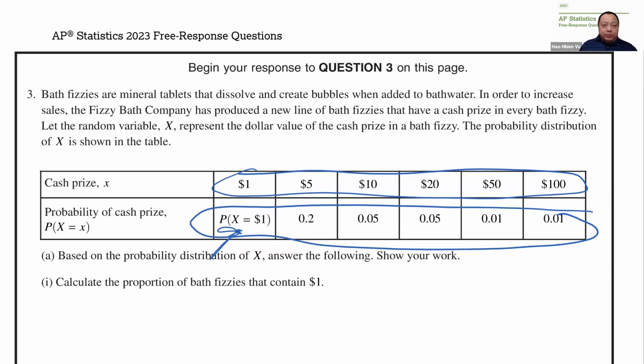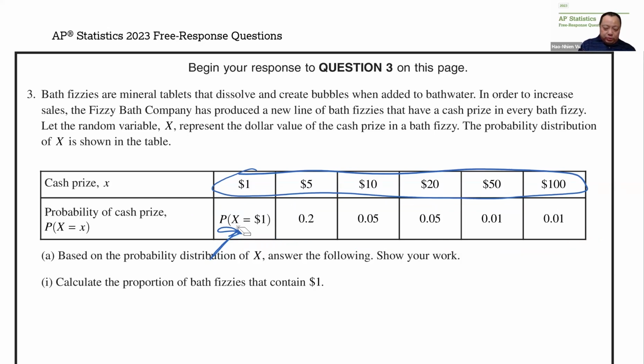Part A, subpart I, calculate the proportion of bath fizzies that contain $1. So sure enough, they want the probability over there.